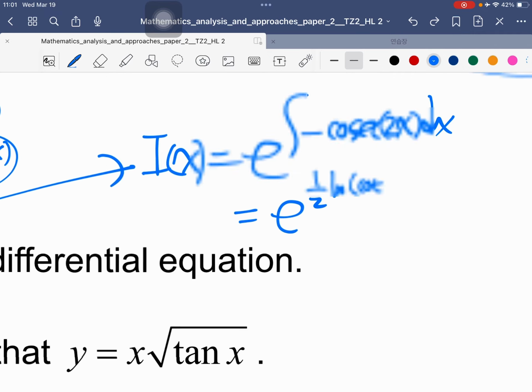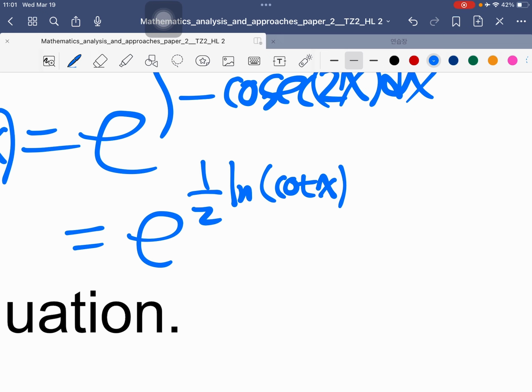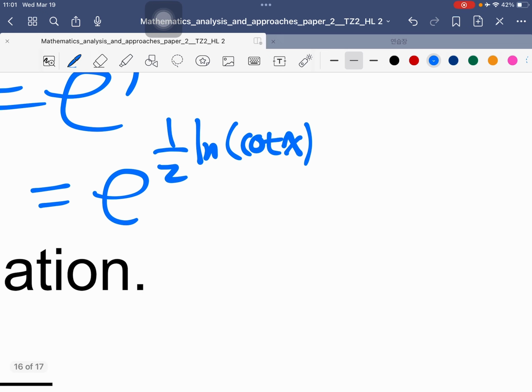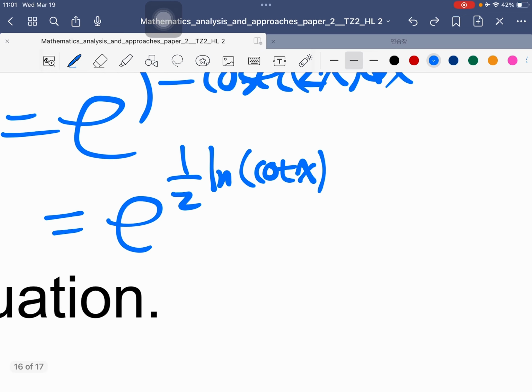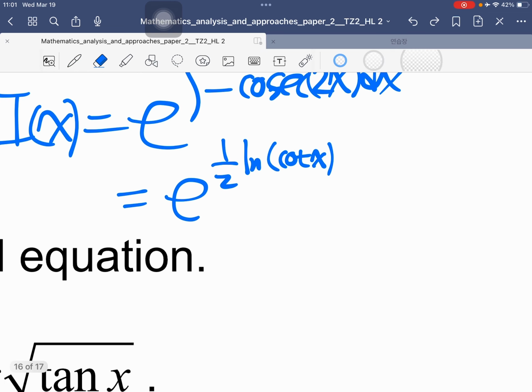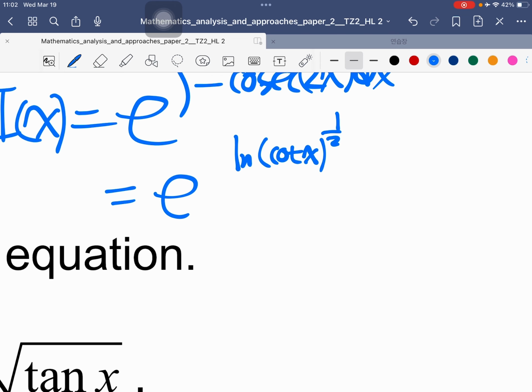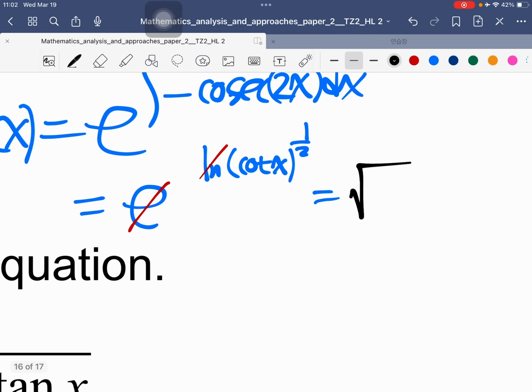So this can be rewritten as e to the, this 1 over 2 can go up there, no problem, right? And then the e and ln cancel out, and this becomes the square root of cotangent of x.